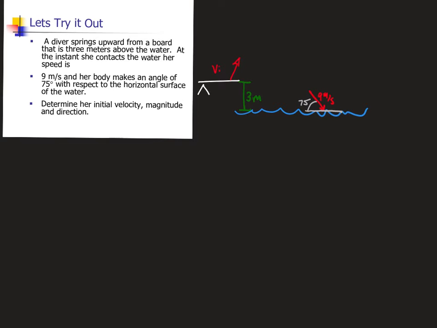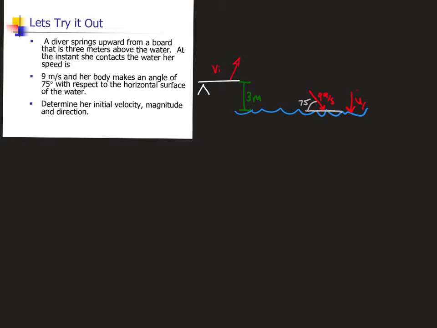Well, there are a couple things that we can utilize to help us out. What we have to find is our vertical velocity, or the velocity in the y direction, because that's the one thing that can change.